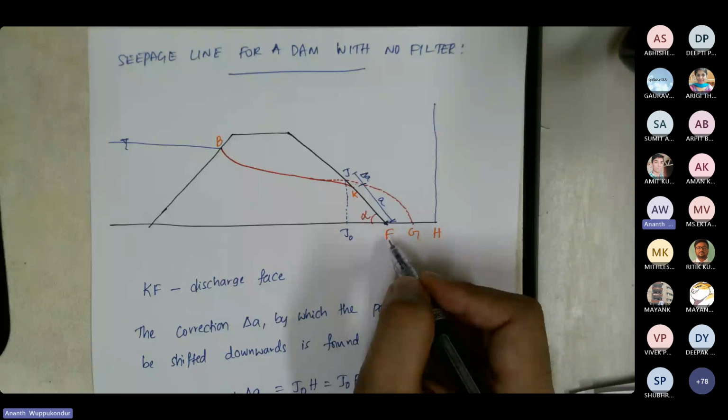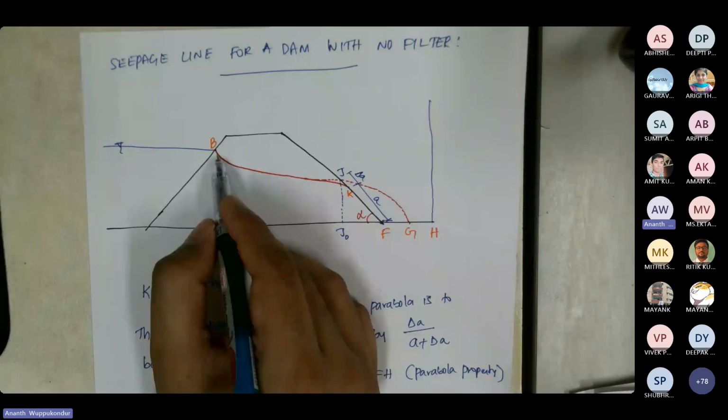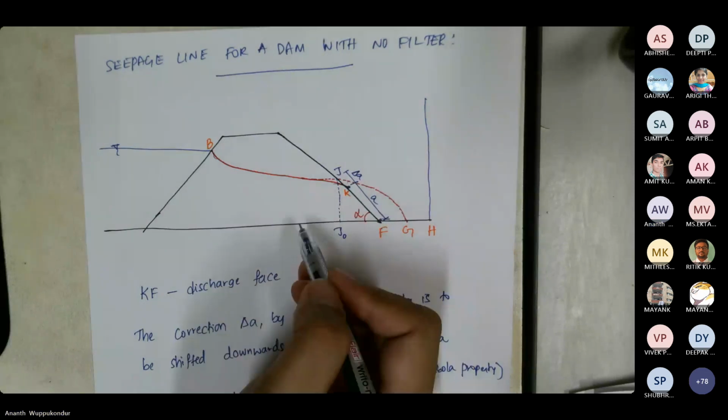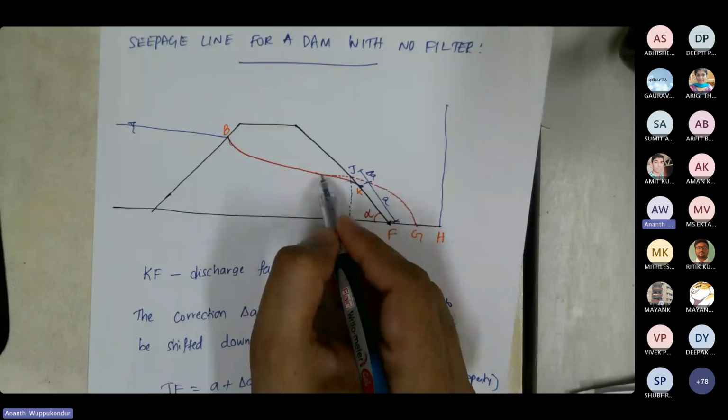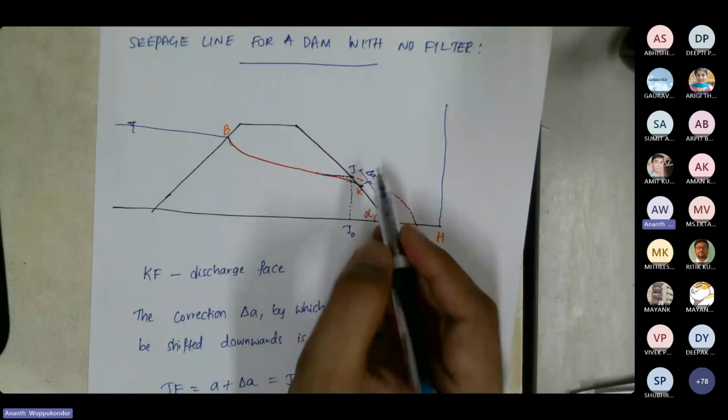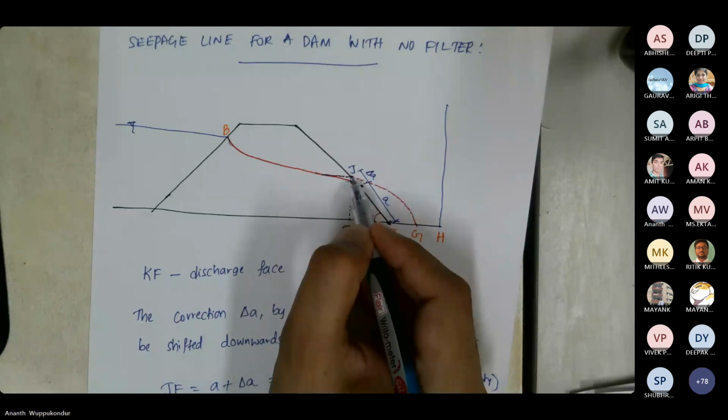If the red solid line is the actual seepage, the seepage is going to exit at point K. But what we assume is a parabola, so the parabola is exiting at point J.